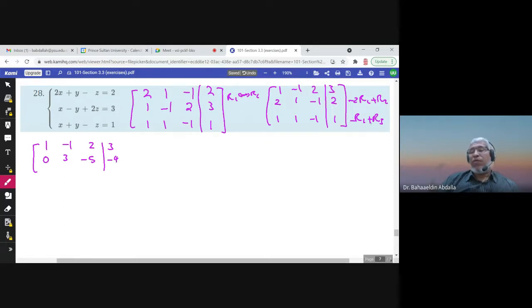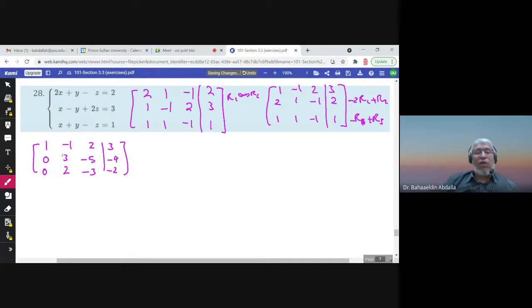And this is R1, okay? Negative 1 plus 1 is 0. Negative times negative positive 1 plus 1, 2. Negative 2 plus negative 1 is negative 3. And negative 3 plus 1 is negative 2.